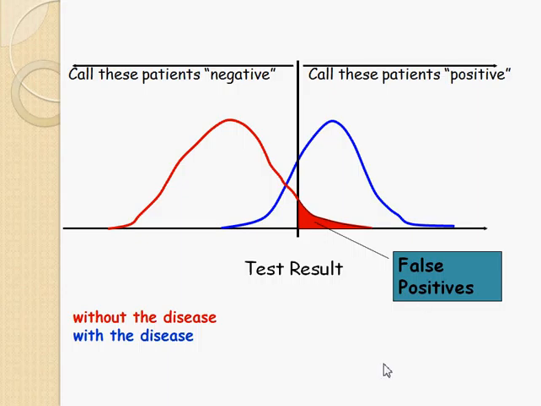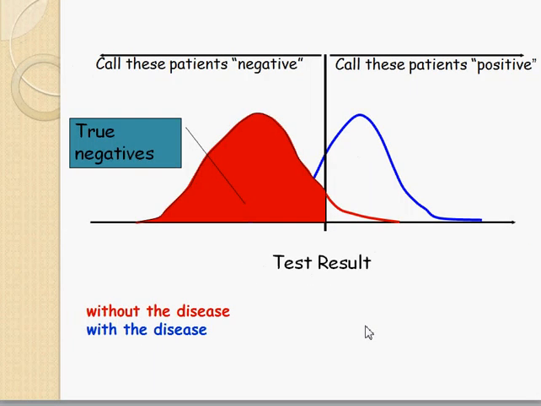The second region is the small red region here. This region belongs to the negative curve, but it's classified as blue. This is not correct. We name this region as false positive. The third one is the big red region here.